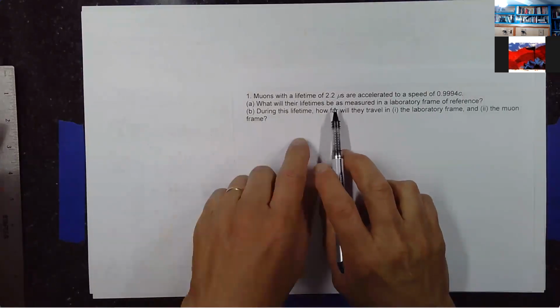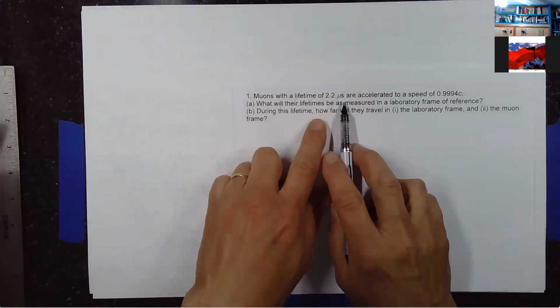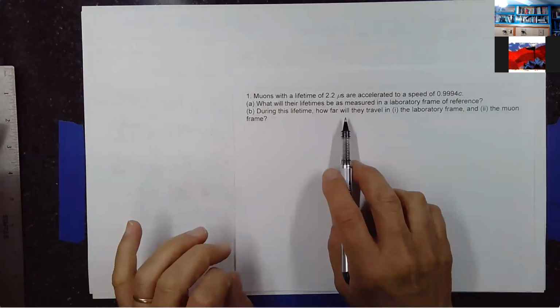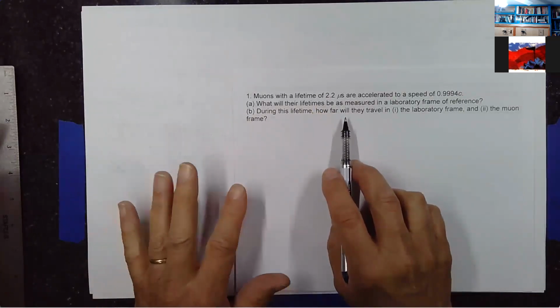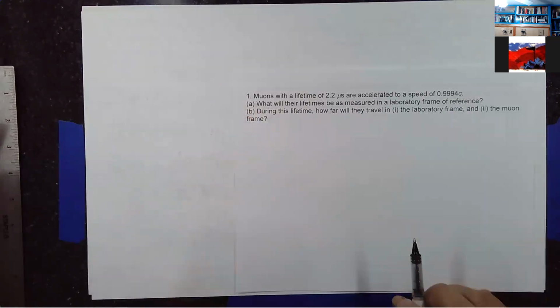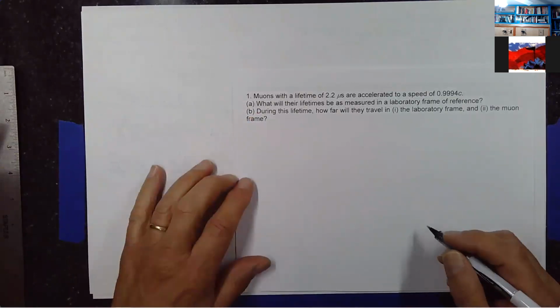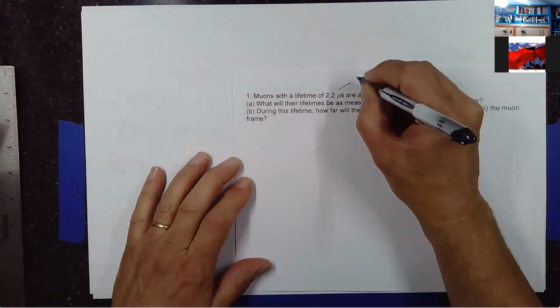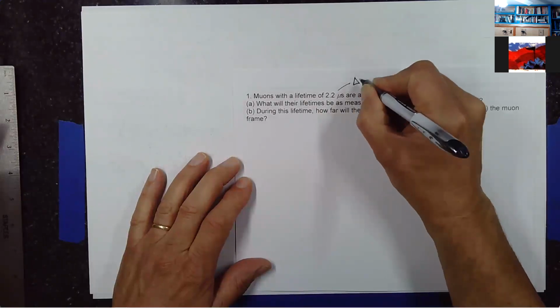But they have a lifetime of 2.2 microseconds in the reference frame of the muon. But what will their lifetimes be as measured in a laboratory frame of reference? Well, this is the proper time. We can call that the delta t.